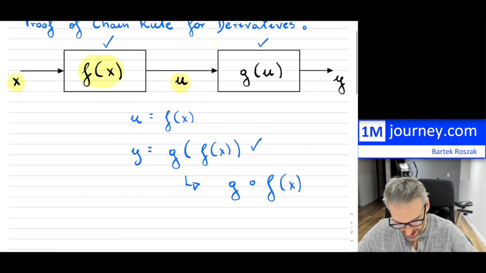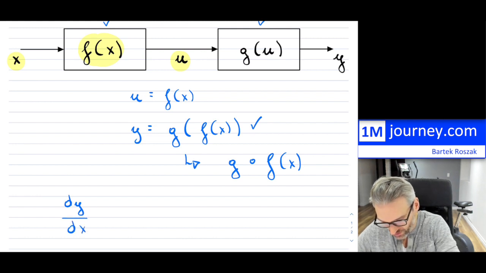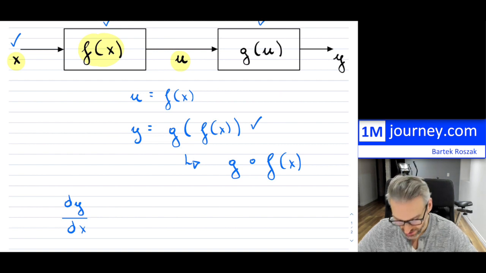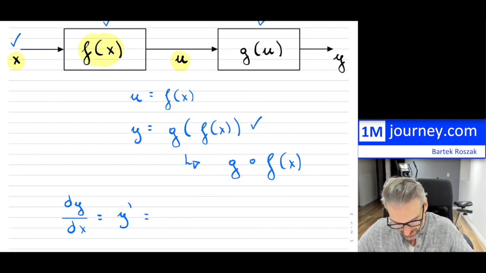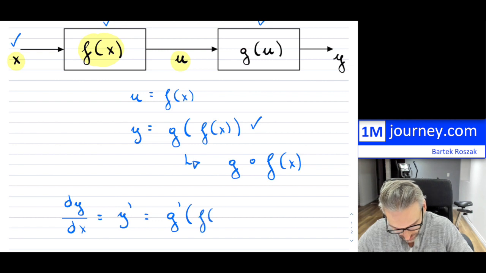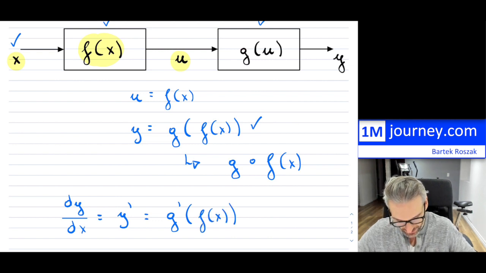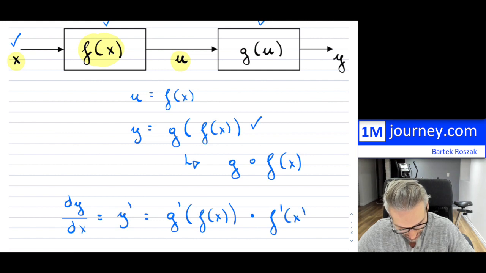Now, the chain rule says the following: if you wanted to take the derivative of our output, so dy with respect to dx, with this original input x, which can of course be simply written as y prime depending on which notation you're using, this is equal to the derivative of g, where we keep f of x as our input, and it is being multiplied by the derivative of our original function f.